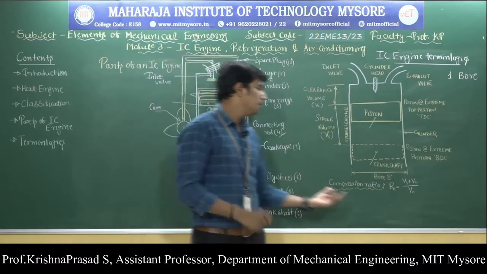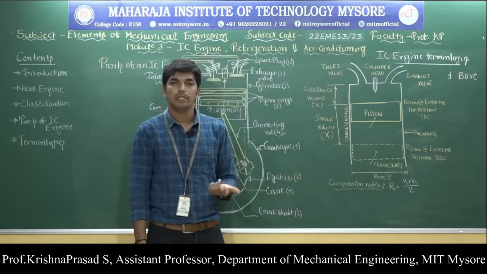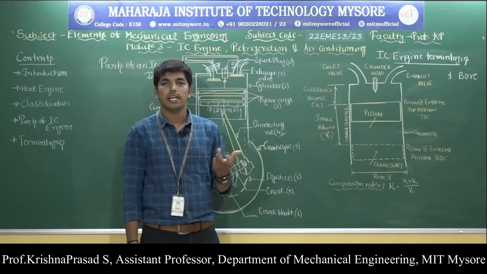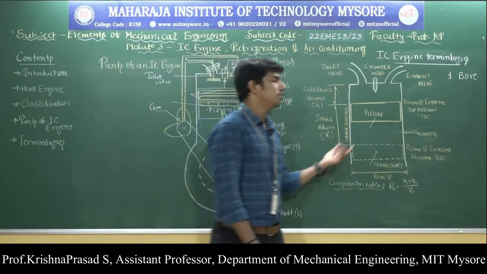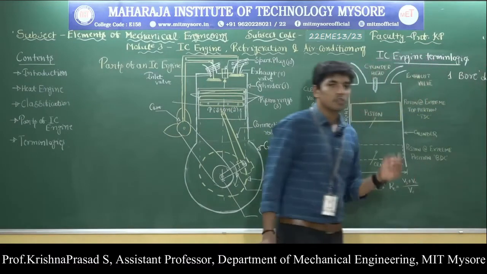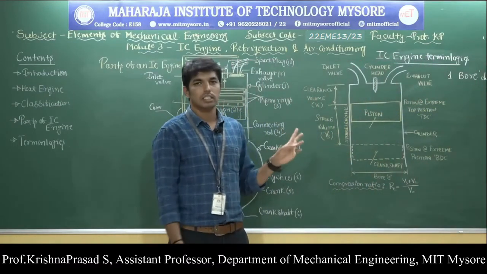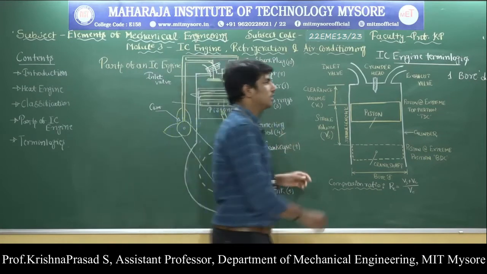The bore is the inner diameter of the engine cylinder, or the external diameter of the piston. That is called the bore. The bore is usually denoted by small d. So this is regarding the first IC engine terminology, bore. The bore is the inner diameter of the engine cylinder.